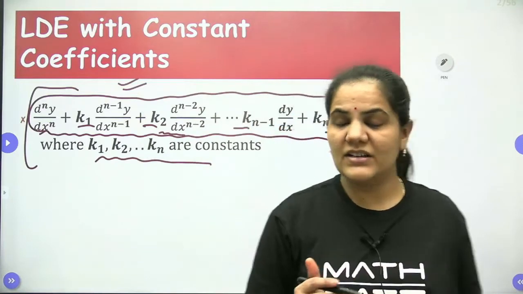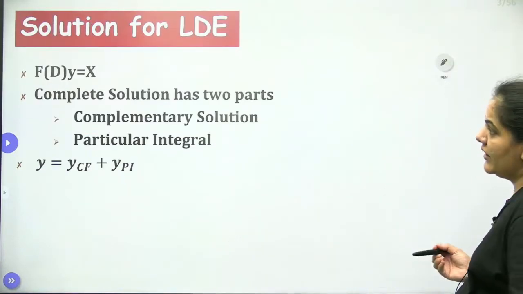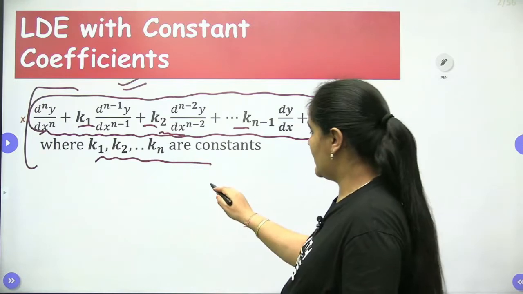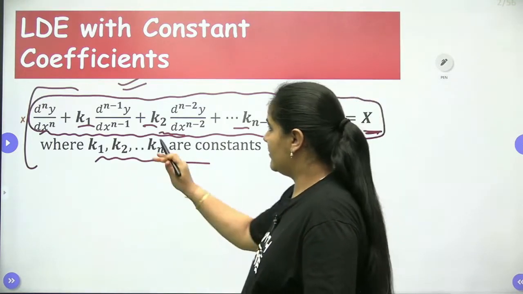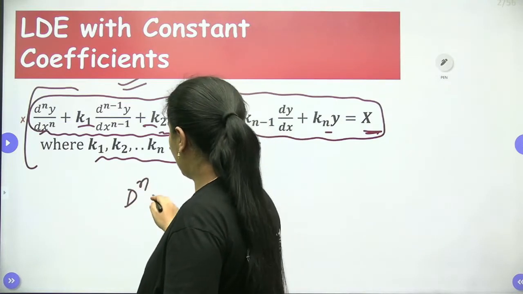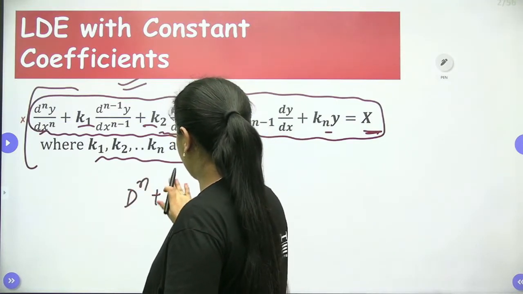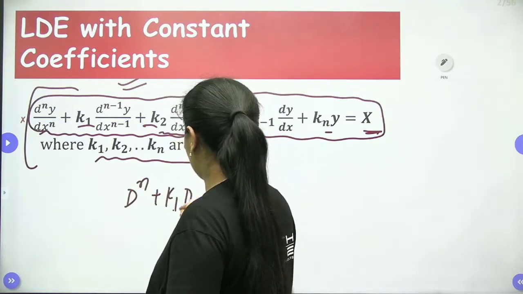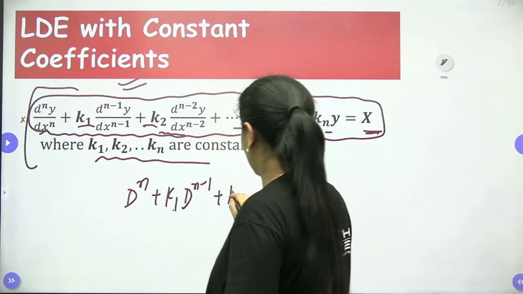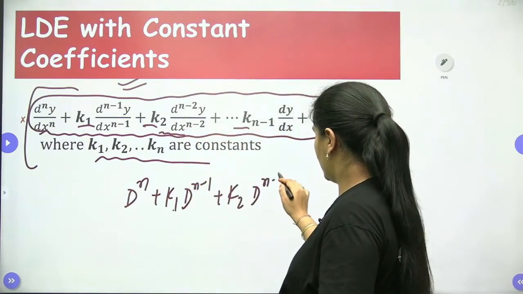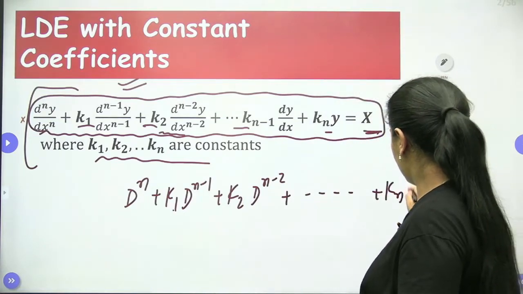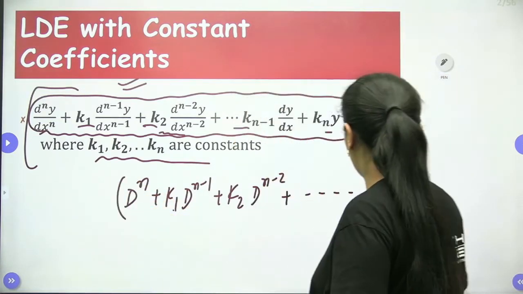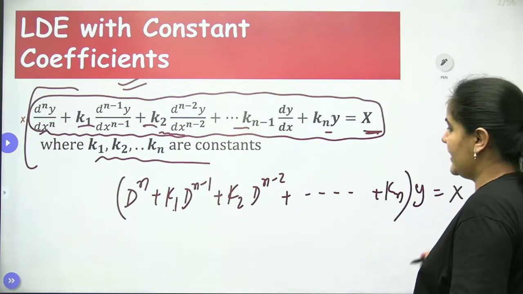So when we have a linear differential equation with constant coefficient, how do we find the solution? Let's have a discussion, dear students. Whenever we have a differential equation like this, we can write down the complete equation in the form of D^n plus k1 D^(n-1) plus k2 D^(n-2) and so on, kn, into y is equal to x, right?